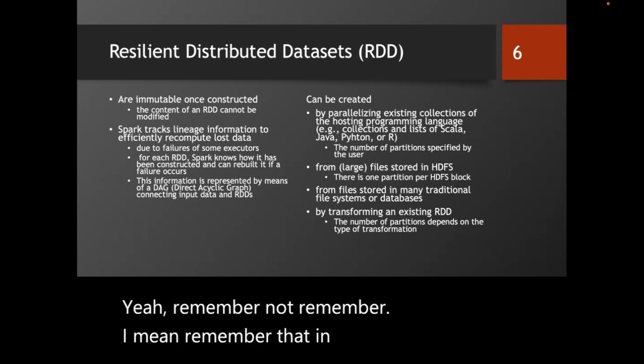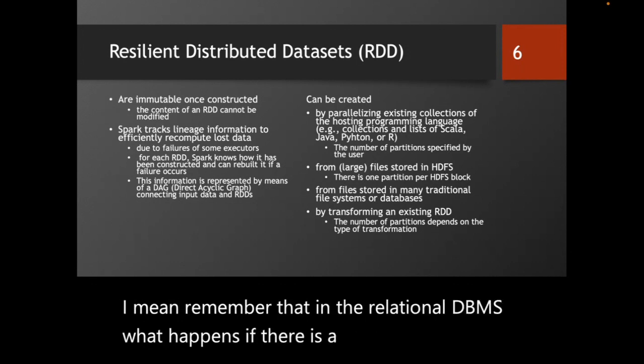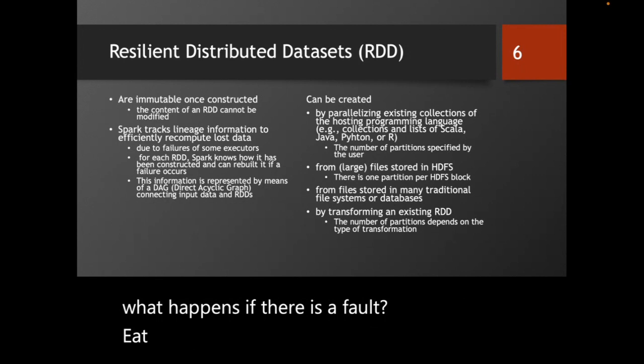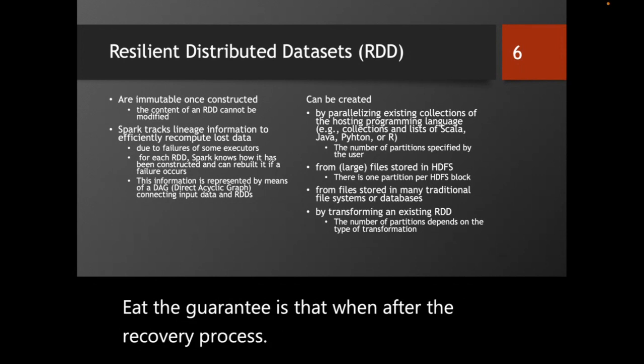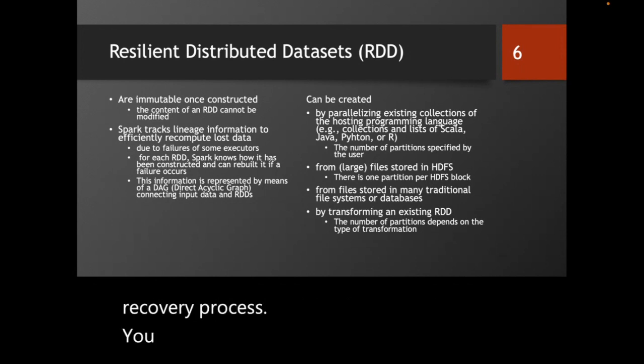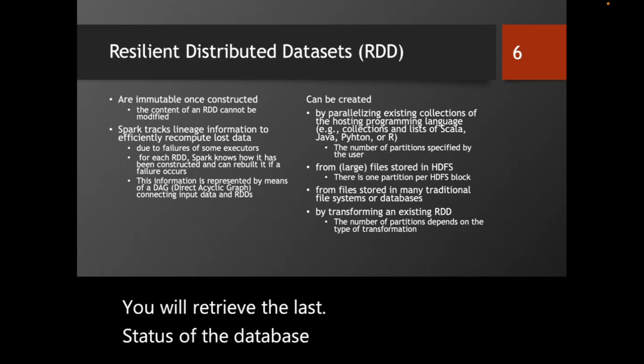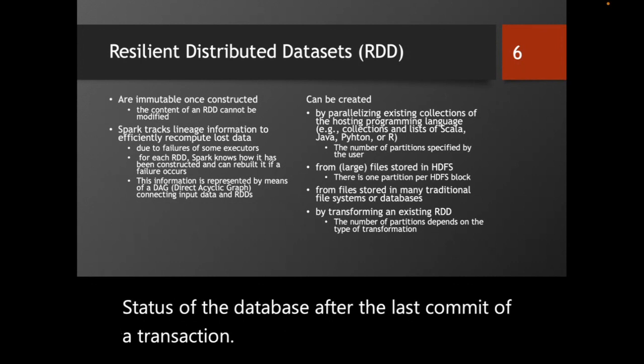I mean, remember that in the relational DBMS, what happens if there is a fault? The guarantee is that after the recovery process, you will retrieve the last status of the database after the last commit of a transaction.